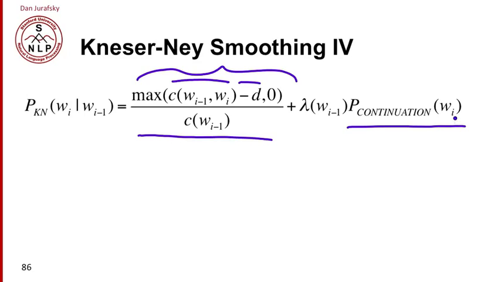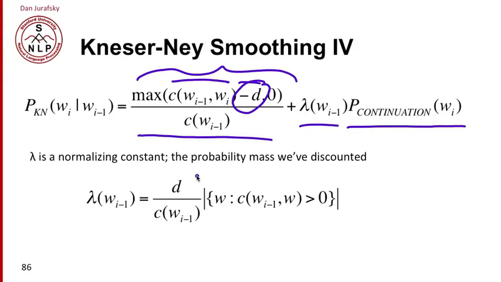P continuation of w sub i. And now let's talk about how to compute that lambda. The lambda is going to take all that probability mass from all those normalized discounts that we took out of these higher order probabilities and use those to weight how much probability we should assign to the unigram. We're going to combine those.